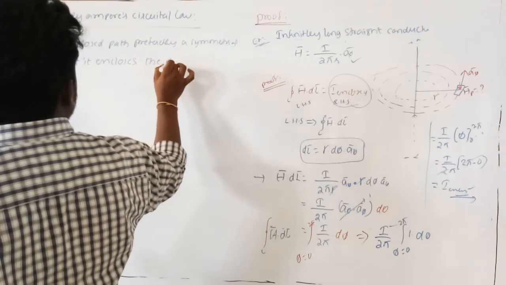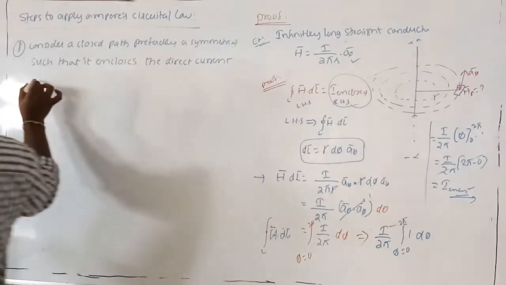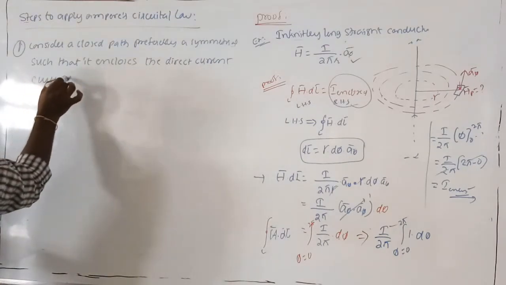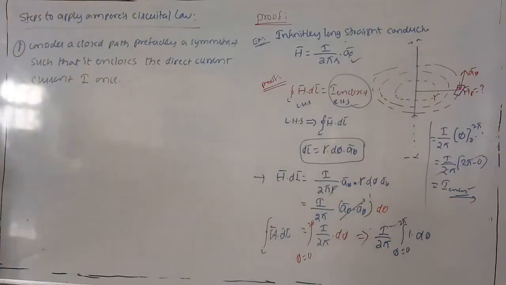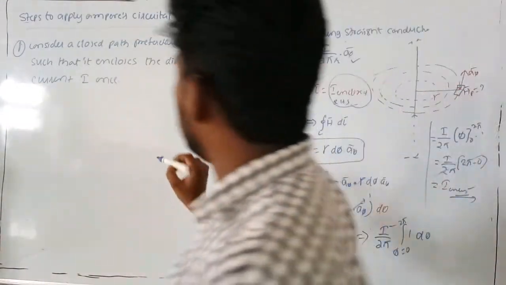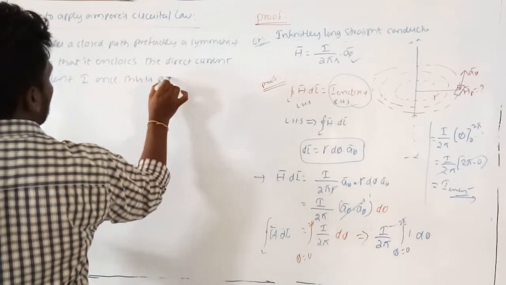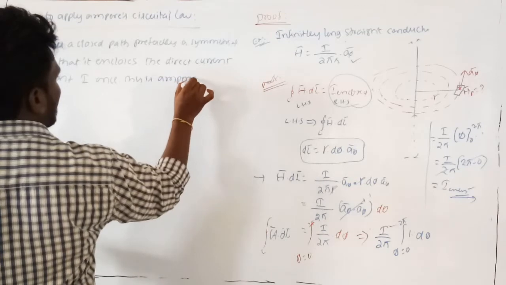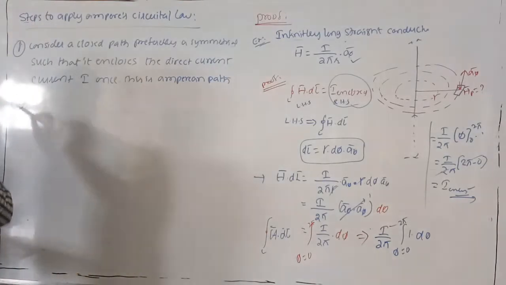Is it visible? Yes. This is the Amperian path.